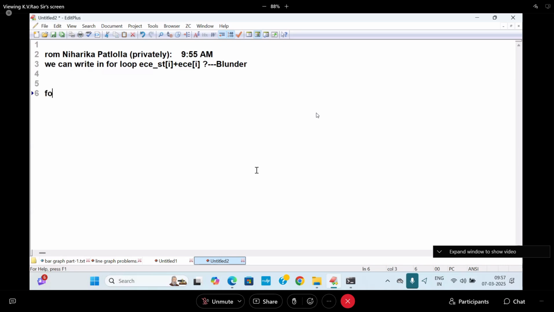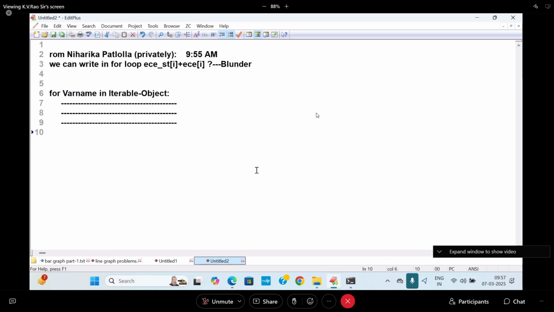What is the for loop syntax? For variable name in iterable object. By forgetting completely, this doubt will be coming. And we need to write block of statements here. You may feel because of these words which I'm saying completely out of order. Almost we are coming to an ending.